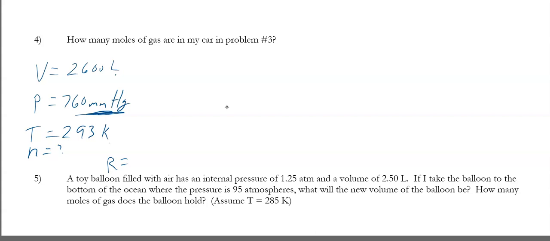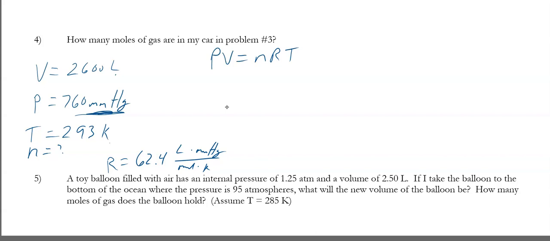The correct R value for this one that's in millimeters of mercury is 62.4, and that's going to be liters times millimeters of mercury over moles times Kelvin. All right, ideal gas law, PV equals nRT. Just be careful how you say this.